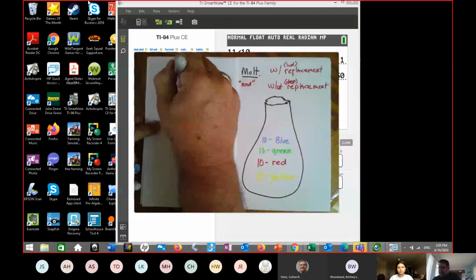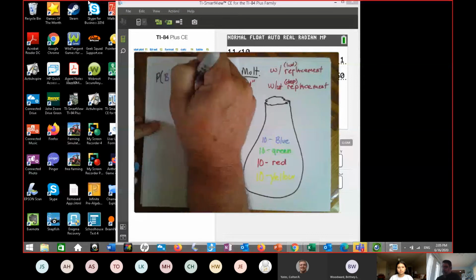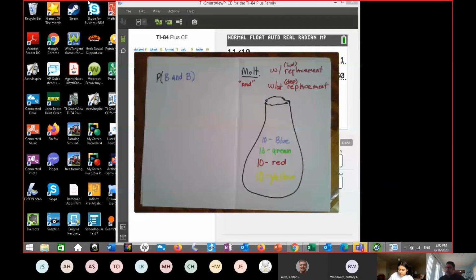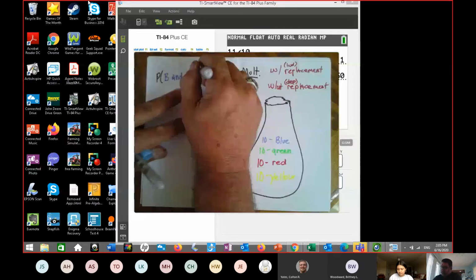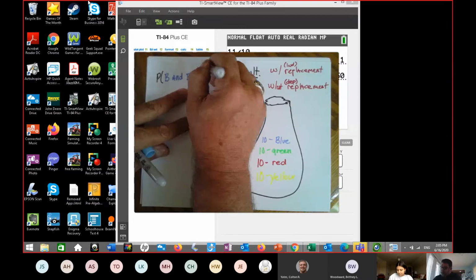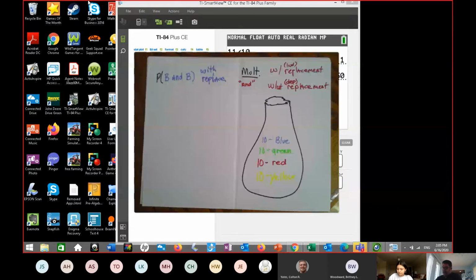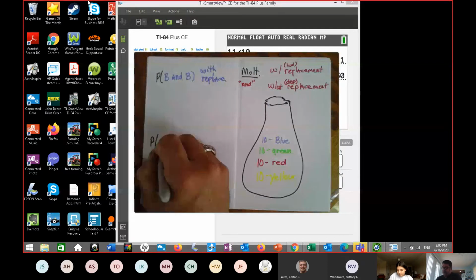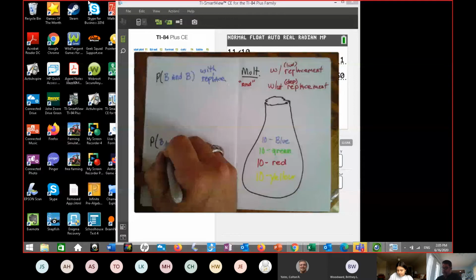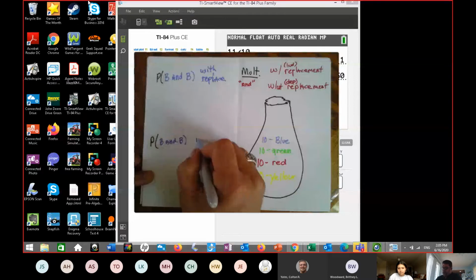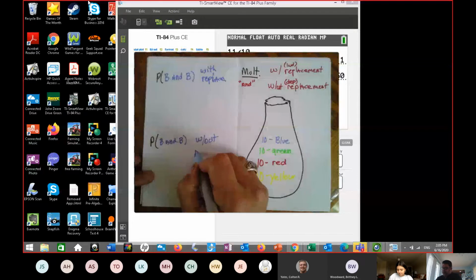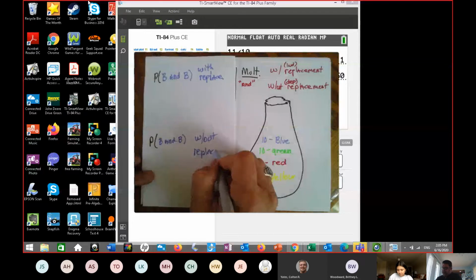Blue and blue. I want to do with replacement and without replacement. I'm going to do both. So the first is with replacement, and the second one is without replacement.